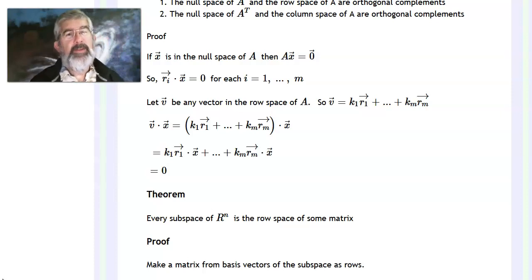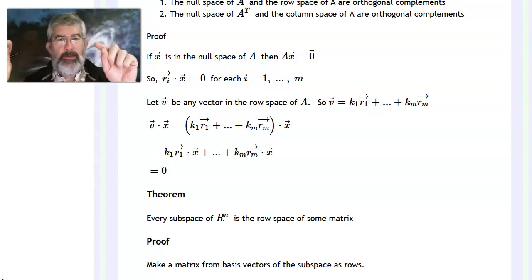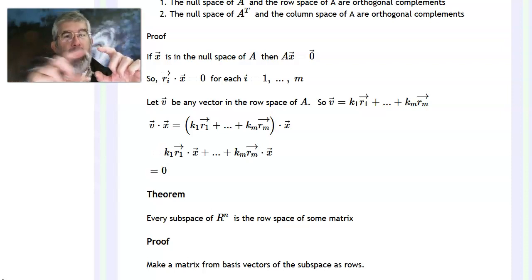So if you've got a subspace that has at least one non-zero thing in it, take a basis for that subspace. Now make a matrix whose rows are the basis vectors written as rows. So basis vector 1 is the first row, basis vector 2 is the second row, and so on. Notice that that matrix will have however many basis elements you have as rows, by n columns.